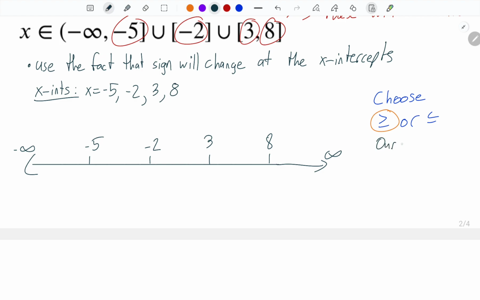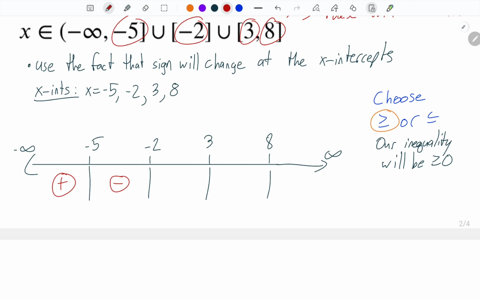So our inequality will be greater than or equal to. Okay, so what that means is the answer that we have up there, those intervals, are where our polynomial, our graph, is greater than or equal to 0. So if I'm looking at the number line, I'm going to identify those regions as greater than or equal to 0. So from -infinity to -5, that's going to be positive. -5 to -2, well, it's not part of our solution, so it must be the opposite, negative. -2 to 3, also not in our solution.